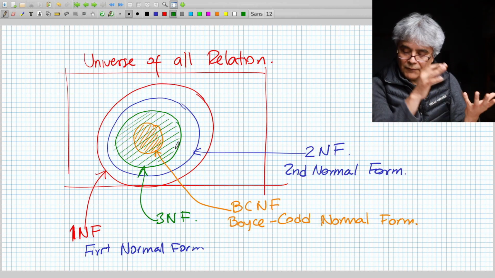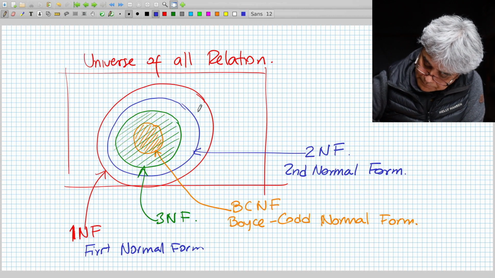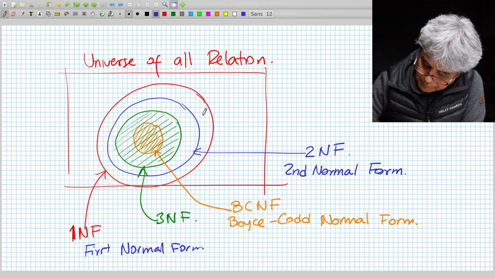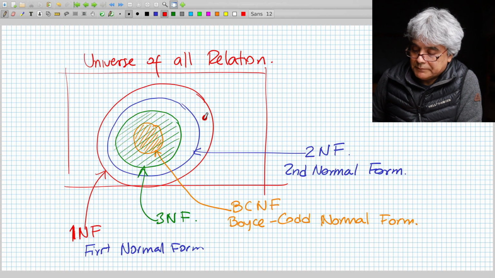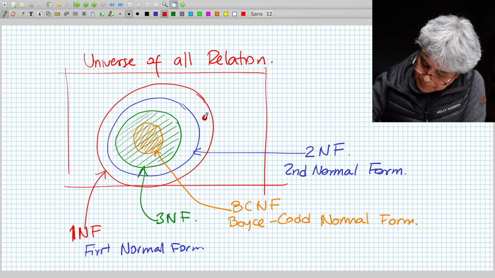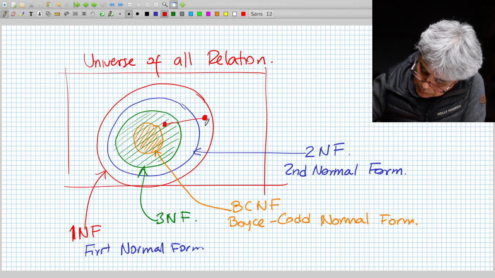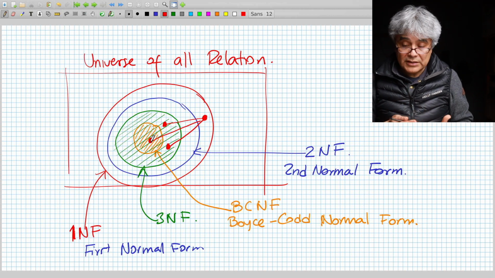So the fundamental idea is that if I give you a relation that is in 1NF, that's bad. We want to break it apart. So we want to decompose it into 2 or maybe 3 relations, all of them 3NF or BCNF.